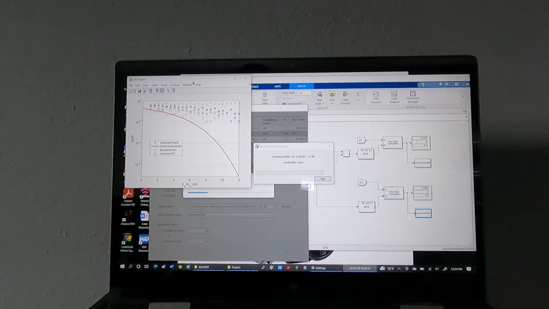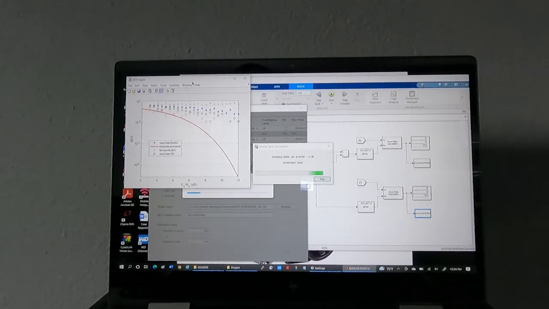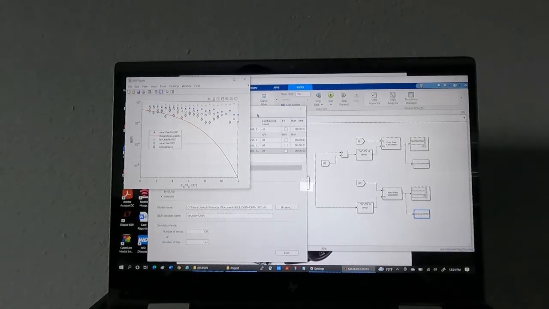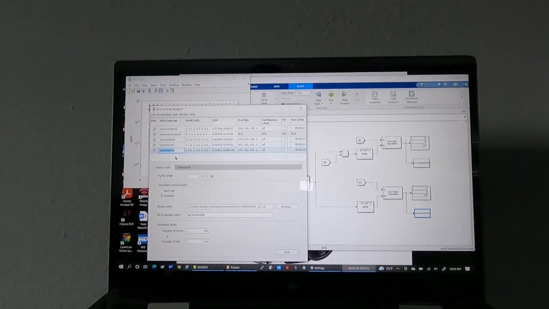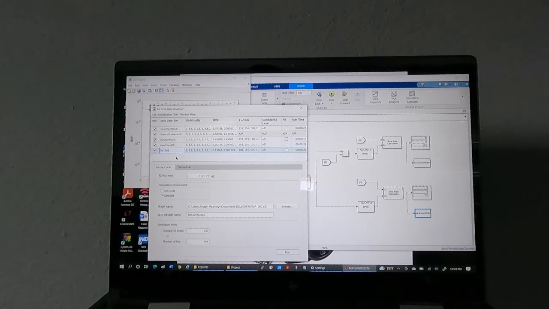As you can observe, the BER rate of the far user, and let's just go and rename this to far user SIC.